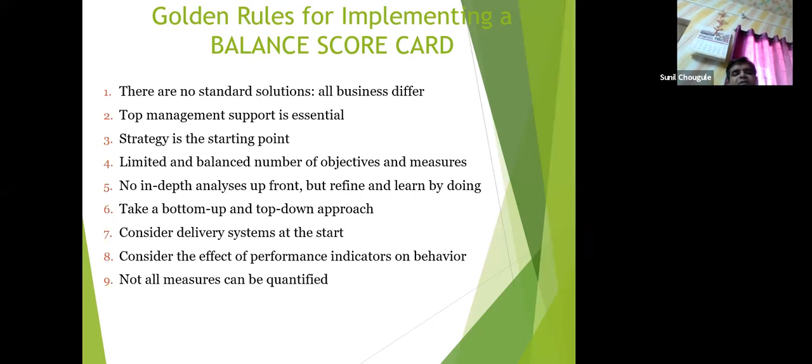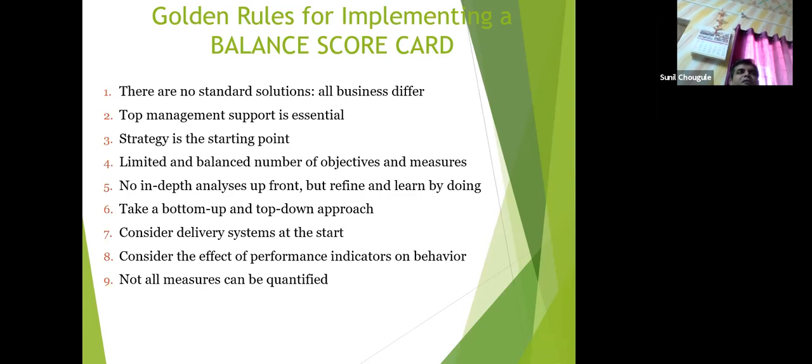Consider the effect of performance indicators on behavior. When we are measuring performance, the way we inform employees of our conclusion after performance evaluation, financial or non-financial, has an effect on the behavior of employees. Most employees always have a phobia of performance appraisal.